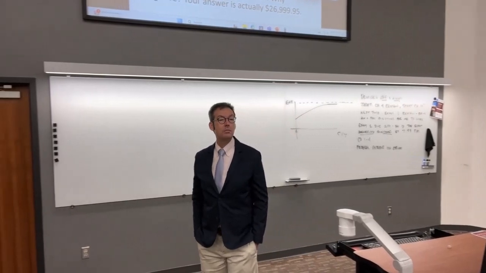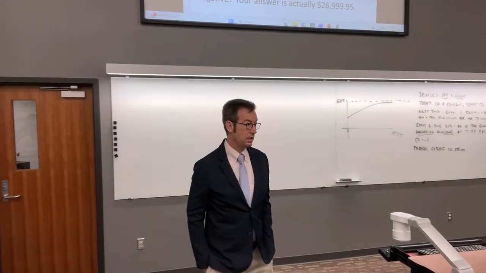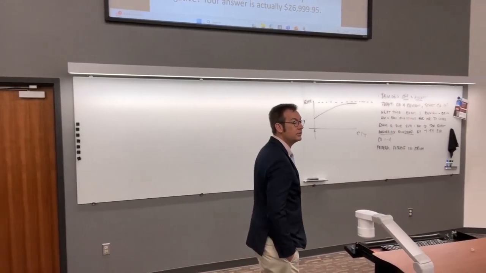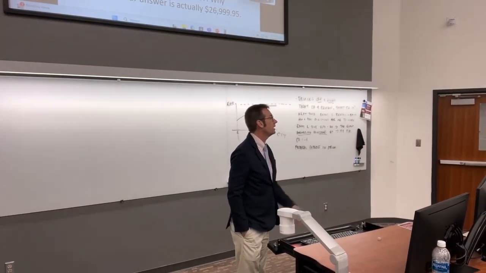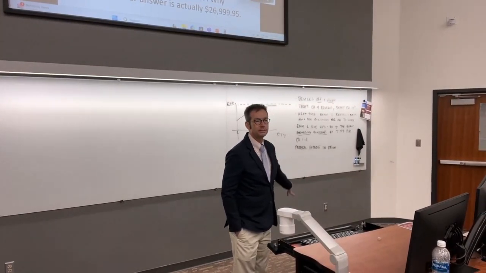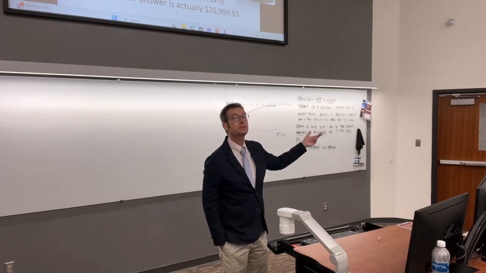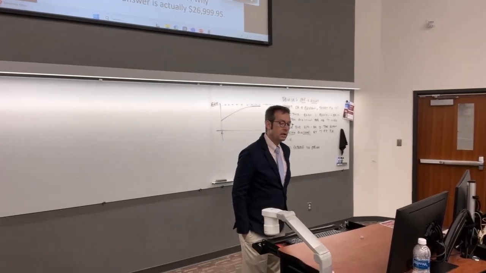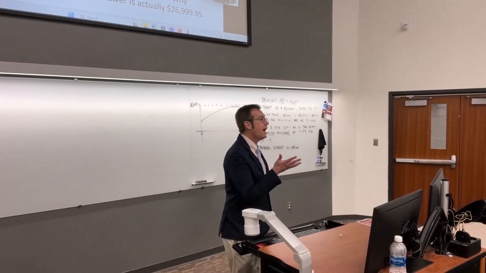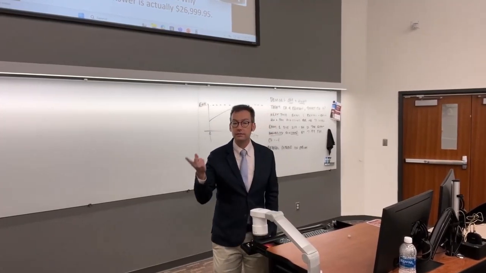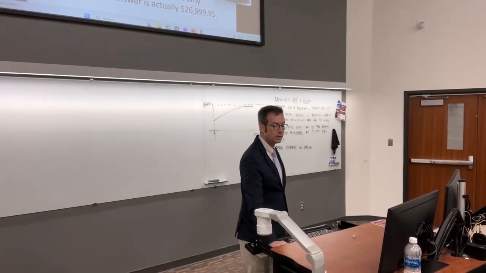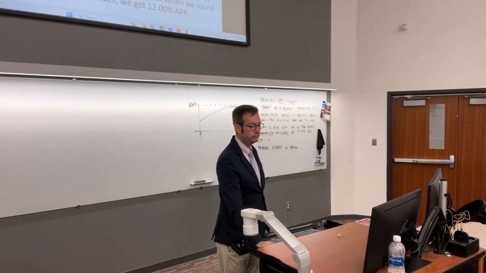In truth, I borrowed $27,000 to buy the vehicle, and so my last payment would have been a few cents short, but I paid the car off early. Okay, so that is how we find how much we borrowed, because remember, you always borrow the present value, so you compute the present value.